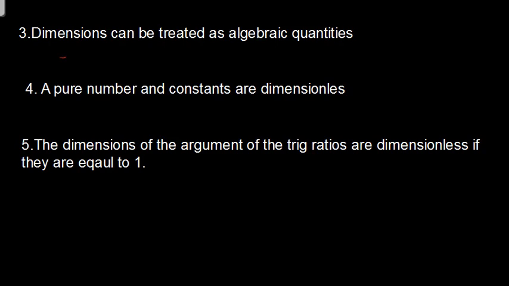What that means is that division, multiplication, and all algebraic rules can be applied on dimensions. So in other words, two dimensions can be divided if they're dimensions of the same nature, or if they're dimensions of the same physical quantity.